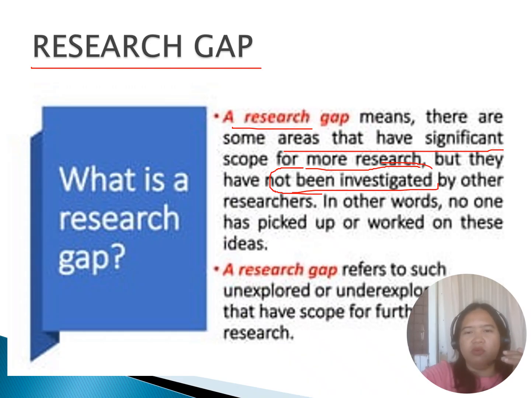Meaning, someone has already invented this, but no one has invented that yet. So that's what you're aiming for, because when you do research, you have to look for something unique, something novel that hasn't been done yet. A research gap refers to an unexplored or underexplained scope or topic that needs further research.